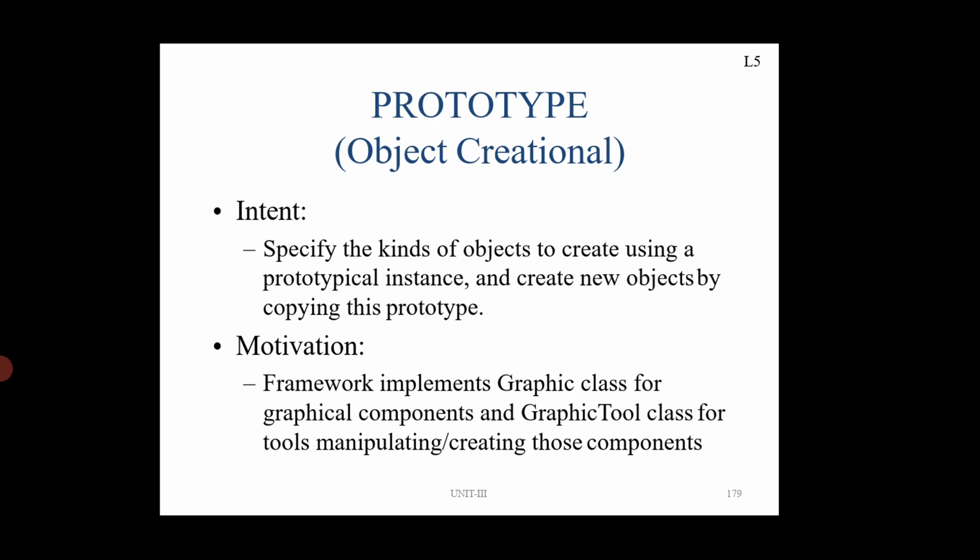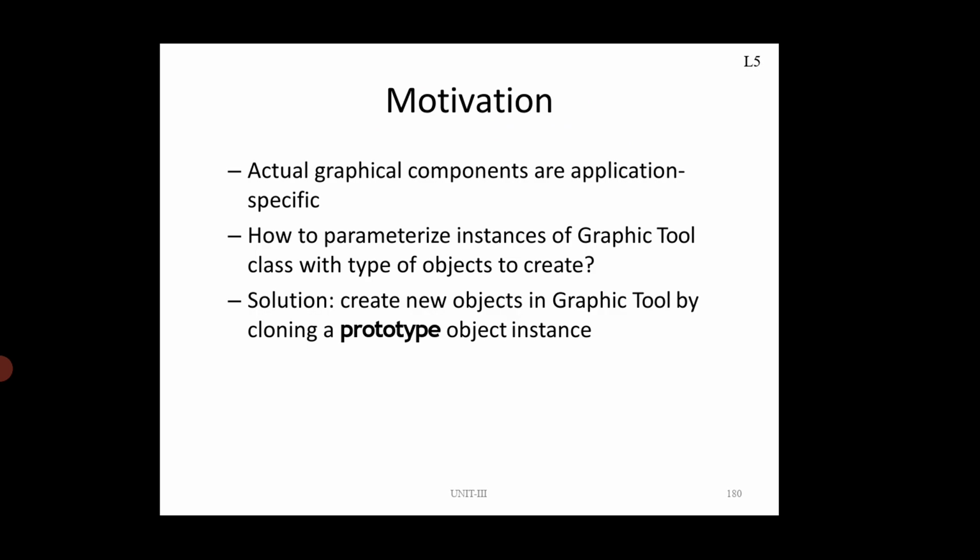The palette would also include tools for selecting, moving, and otherwise manipulating them. A user can click the quarter note tool to add quarter notes to the score, or use a tool to move a note up or down on the staff, thereby changing its pitch. Let us see the main motivation here.